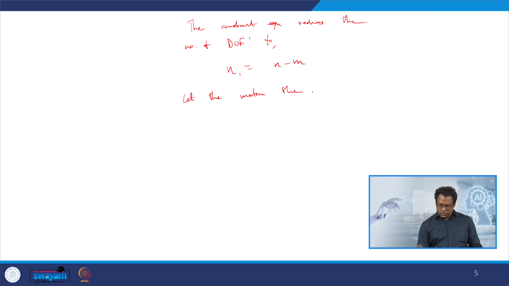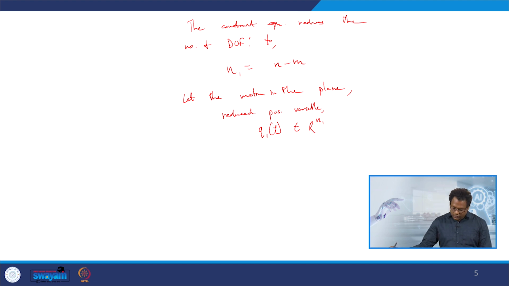Let the motion of the robot arm in the plane of the surface be described by the reduced position variable, that is q1 of t, that belongs to the n1 dimensional Euclidean space.